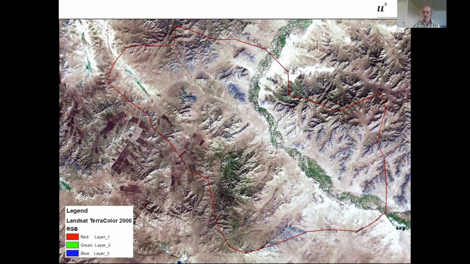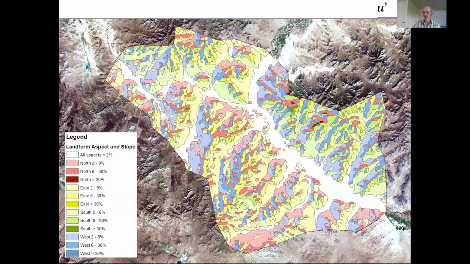But before we started doing this, we said we need to separate this area that we want to assess into different landscape units. So we did this: landform, aspects, and slope.